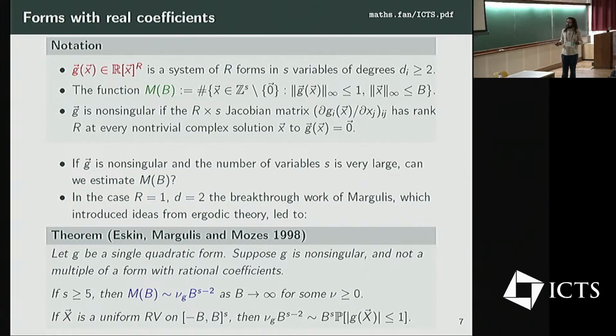So in fact, these methods work for smaller numbers of variables as well. And depending on your point of view, you could say that they give an asymptotic. The asymptotic that I've written here is not true for all forms of degree 2 in 4 variables, and so one should correct the prediction somehow. Yes.